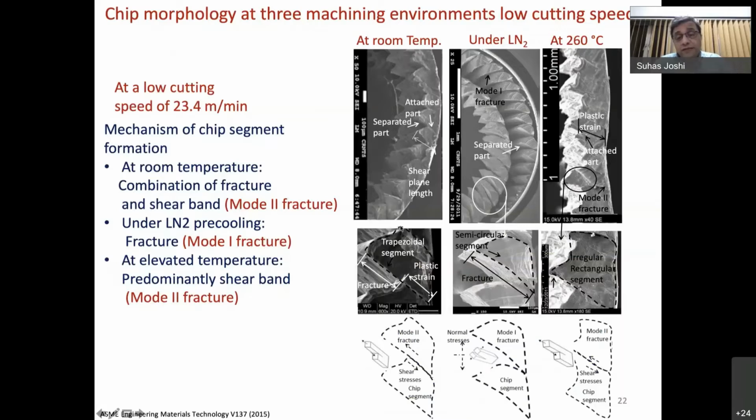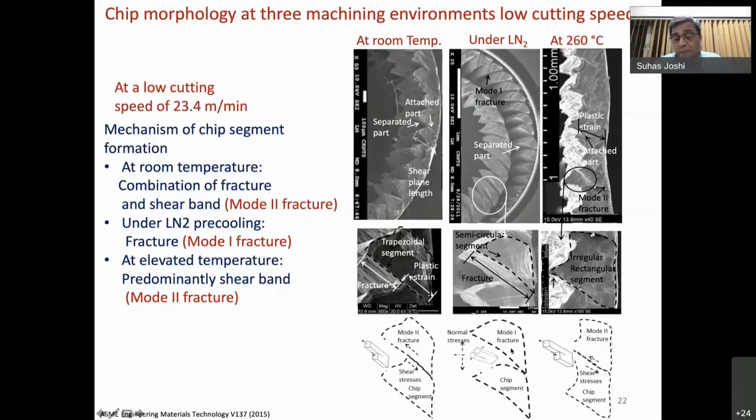You find that the segments which are formed are of a trapezoidal type. But under LN2, a semi-circular kind of segment is formed. And at high temperature, you have a significant deformation of this trapezoid, and an irregular trapezoidal kind of segment is formed.